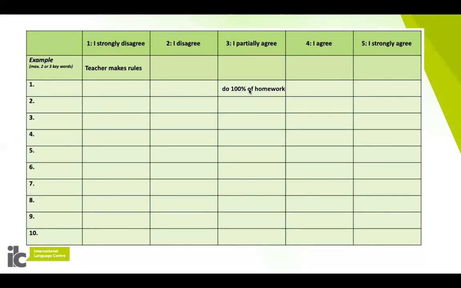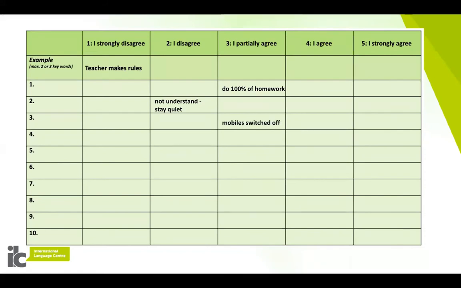Then next one, if I don't understand something, I should stay quiet. The student might decide, no, I disagree, and hopefully they will disagree with this. I mean, fingers crossed. Next one, mobile phones should be switched off at all times. Okay.